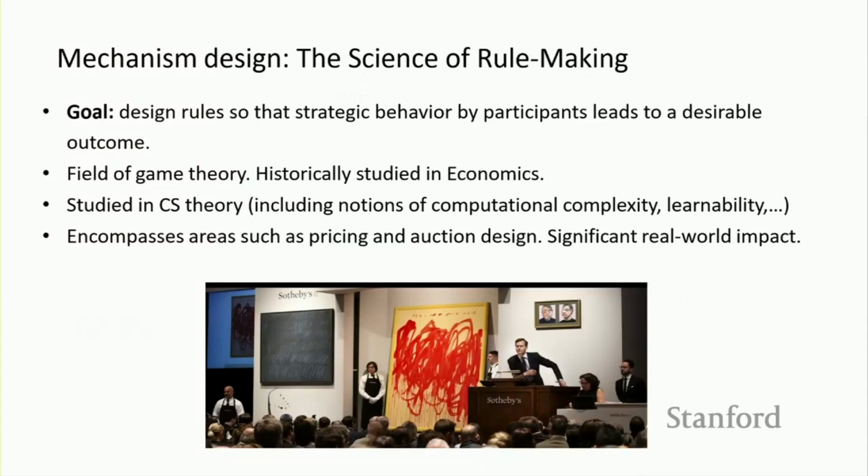So in terms of a bit of frame setting, for those of you who haven't seen mechanism design before, one of the ways the field defines itself is as the science of rulemaking.